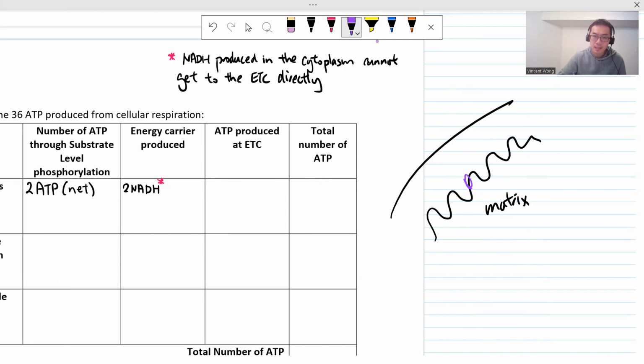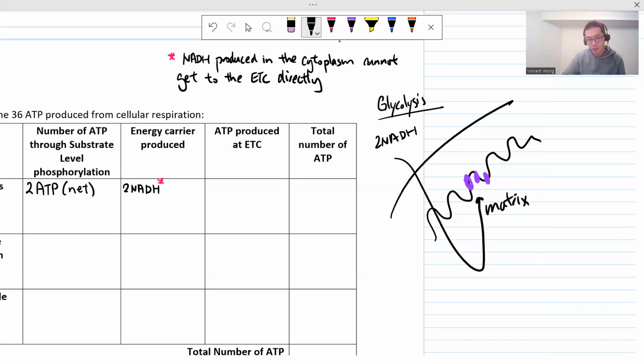And then we have the ETC here, right? And in the cytoplasm, that's where glycolysis happens. So we have these NADH, which must go here, to the ETC, but it can't because it's too big. It's not going to be able to cross the membrane. Two membranes, in fact, right? I'll let you copy down the picture first.